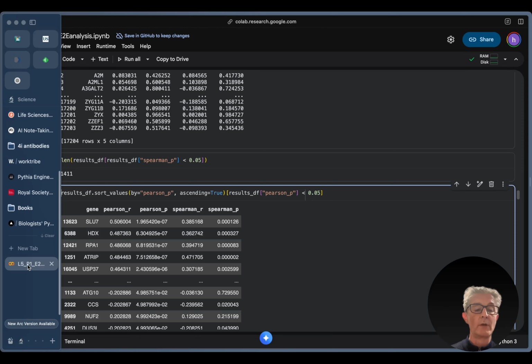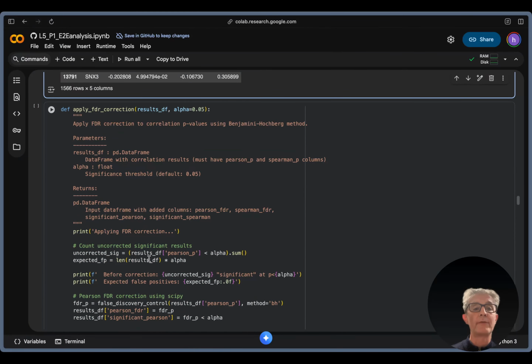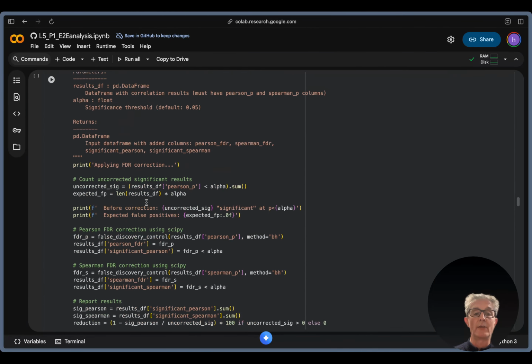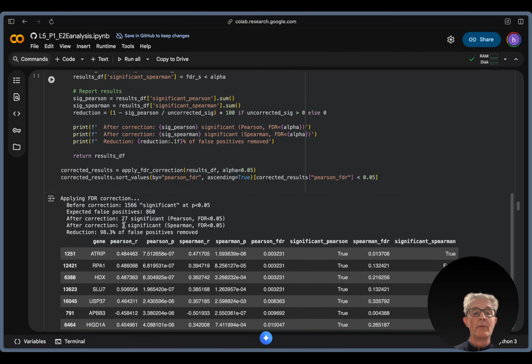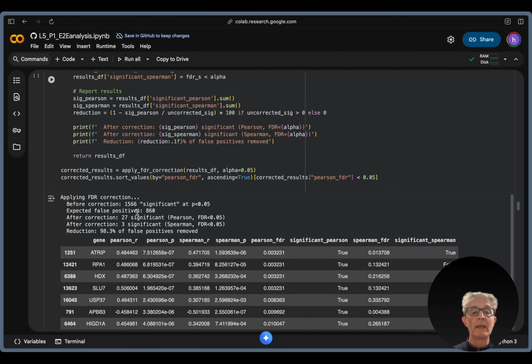So let's have a look at how this looks in real life. Here, this is the FDR correction function. And if we run this, we're shrinking our data set from 1566 to 27, and only 3 in the Spearman. So the Spearman is much more stringent, but this is good because now we can say, okay, those 3 must be definitely positive.